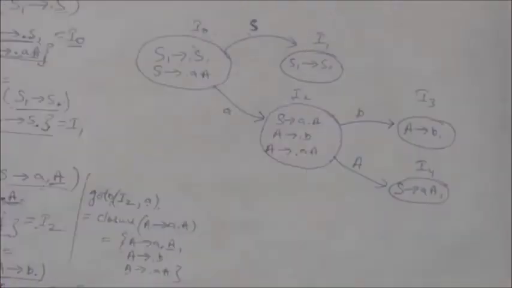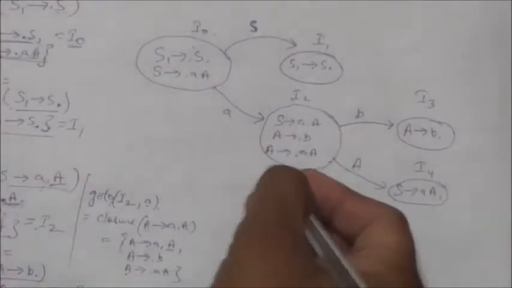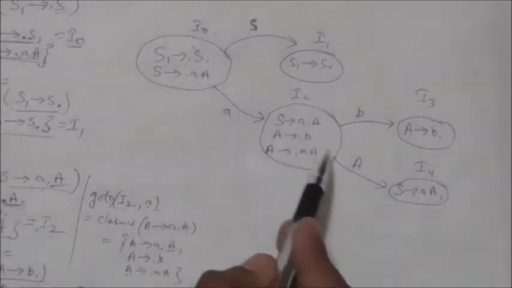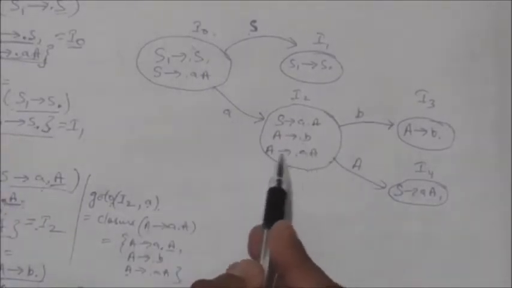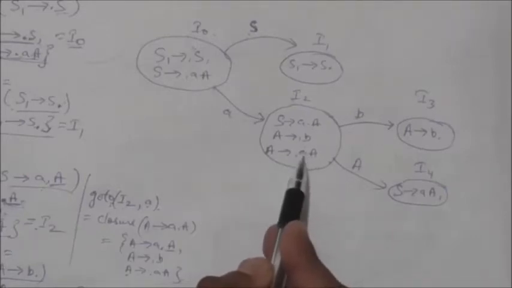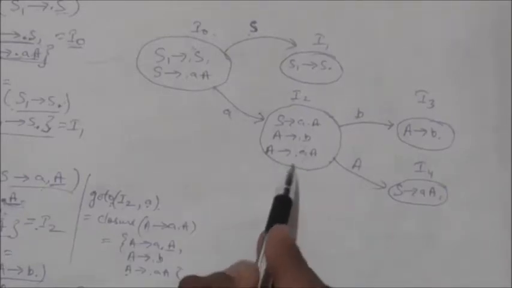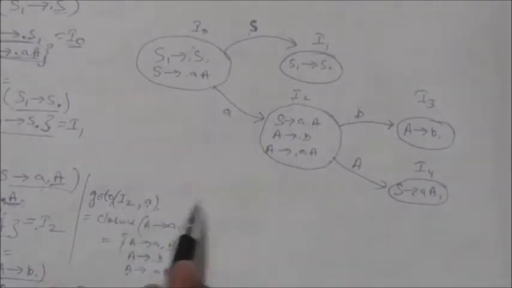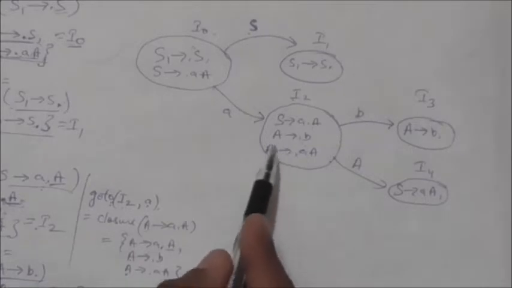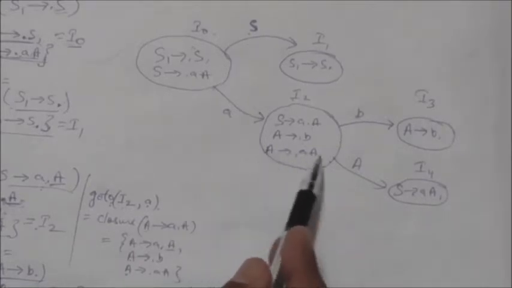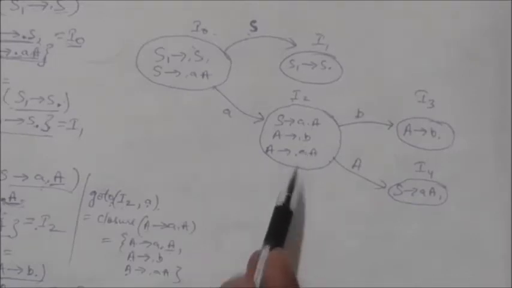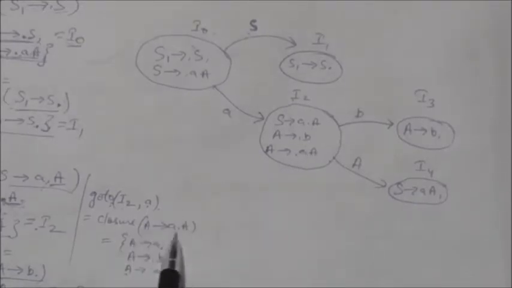We have to find the transition of state I2 for terminal symbol A, because here you can see that in this LR0 item the dot is preceding the terminal symbol A. So in this LR0 item we will shift this dot after the terminal symbol A, then we will get this item.